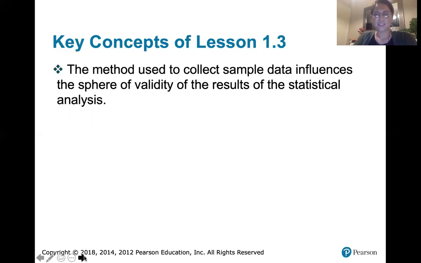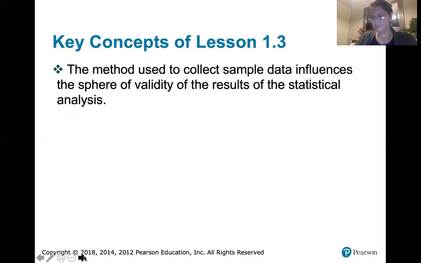So we want to collect data in such a way that we're pretty sure that this data, the sample, is representative of the larger population, and that method used to collect the sample data will help us determine if that sample data is representative of the larger population. If we do that, then the results of our studies will apply outside of our sample to everyone else.